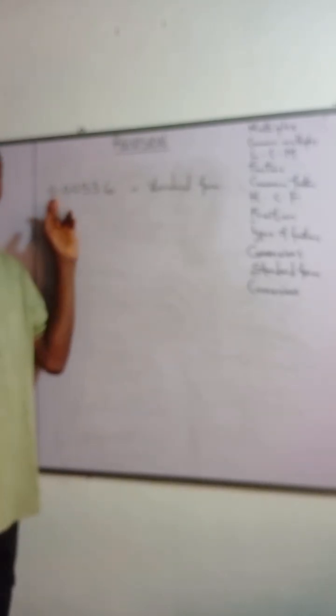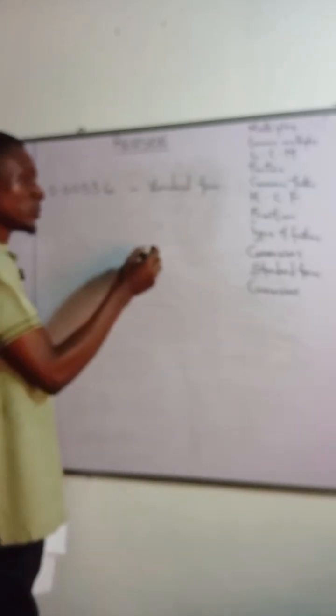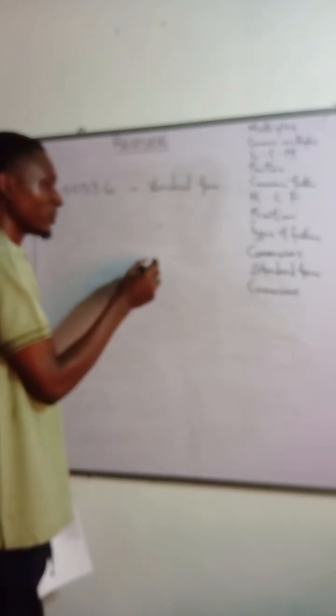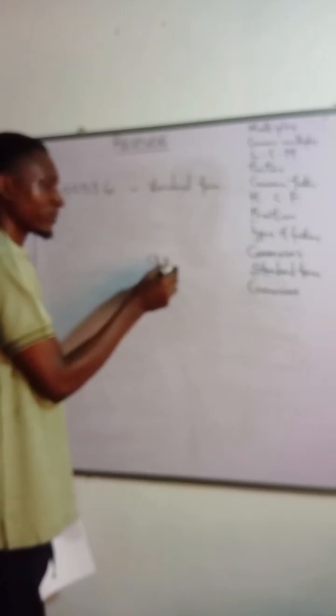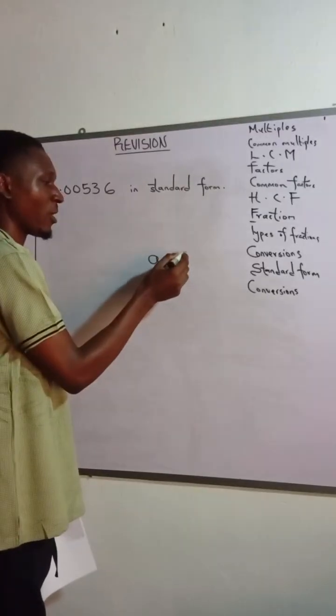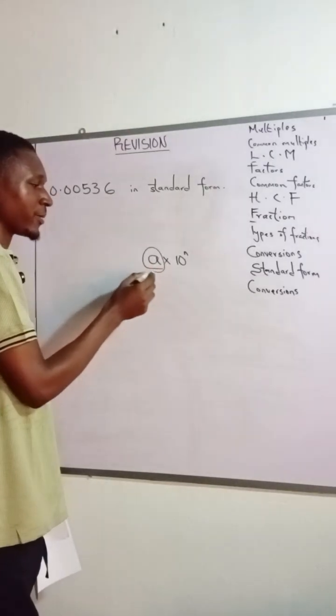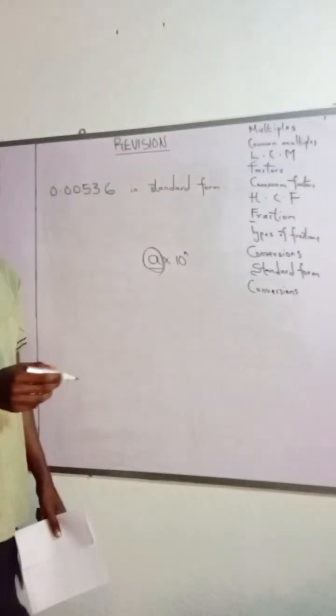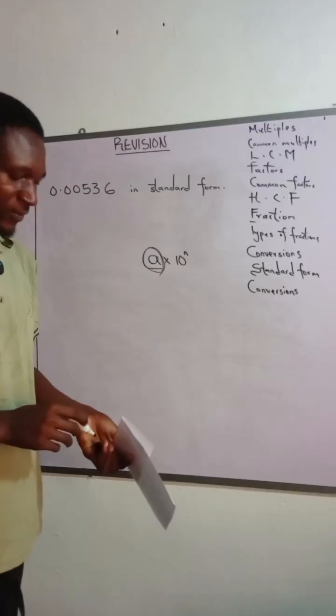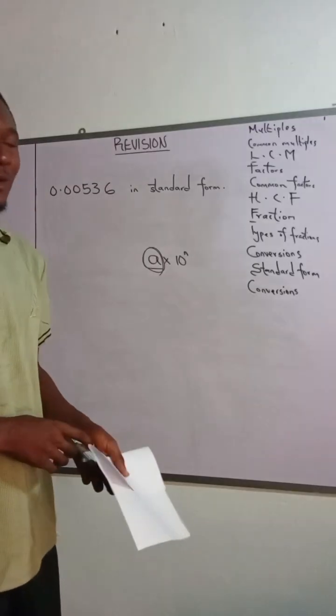First of all, you have to identify your point, which is the first thing I told you. Remember, the structure of your standard form should be such that you multiply a number by a power of 10. And this number must not be up to 10, and it must not be smaller than 1.